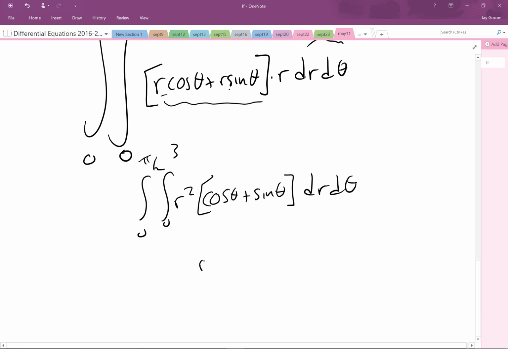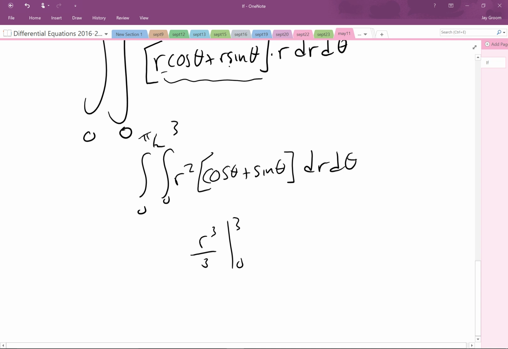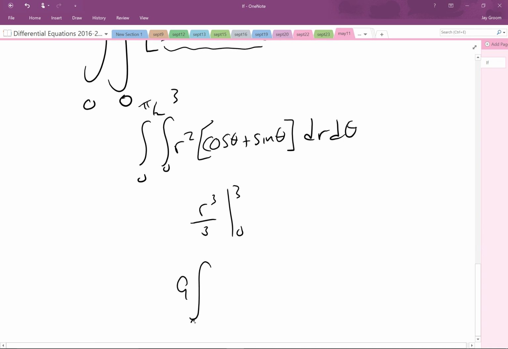And so it's just r cubed over 3 from 0 to 3, right? Which is 27 divided by 3, which is 9. So it's just going to be 9 times the integral from 0 to pi over 2 of this thing.